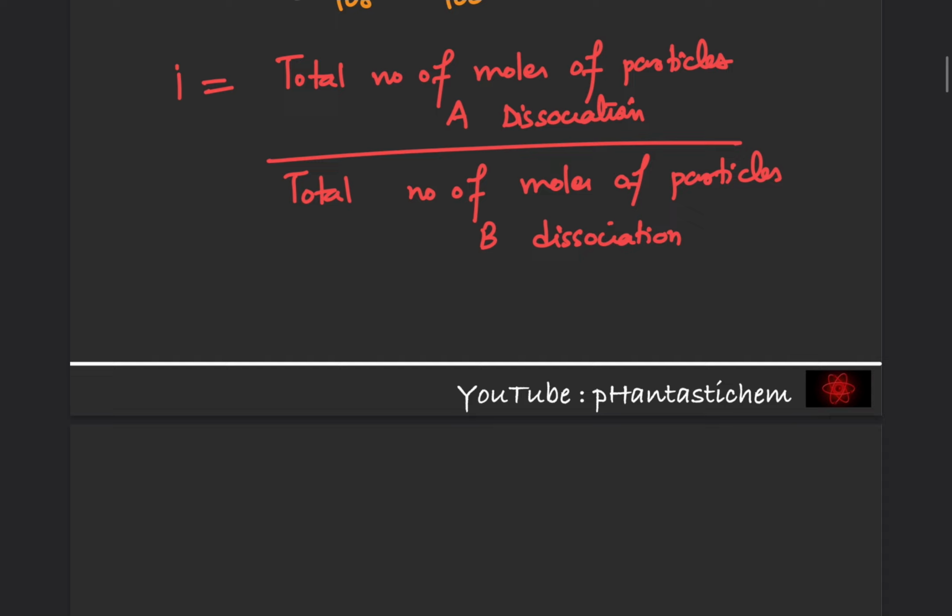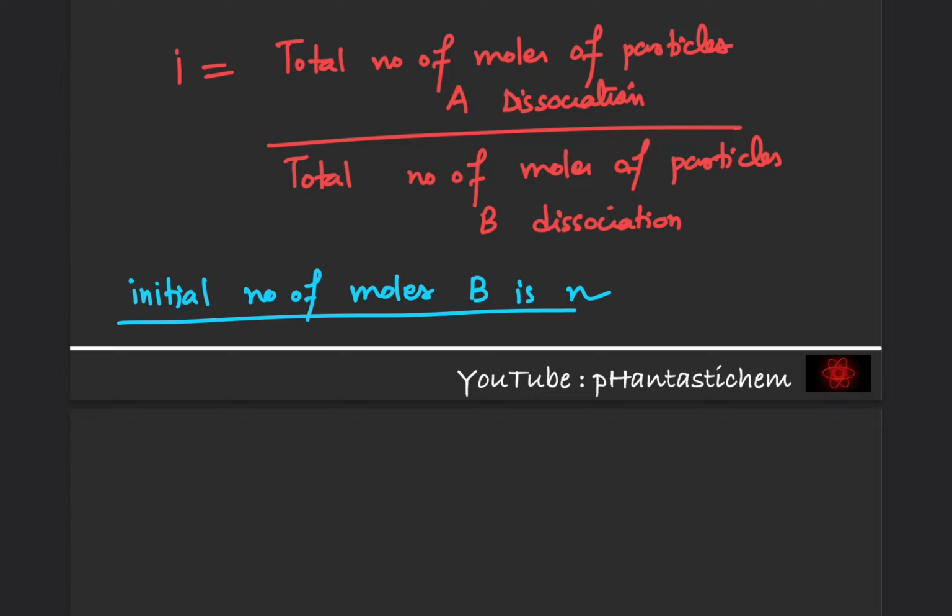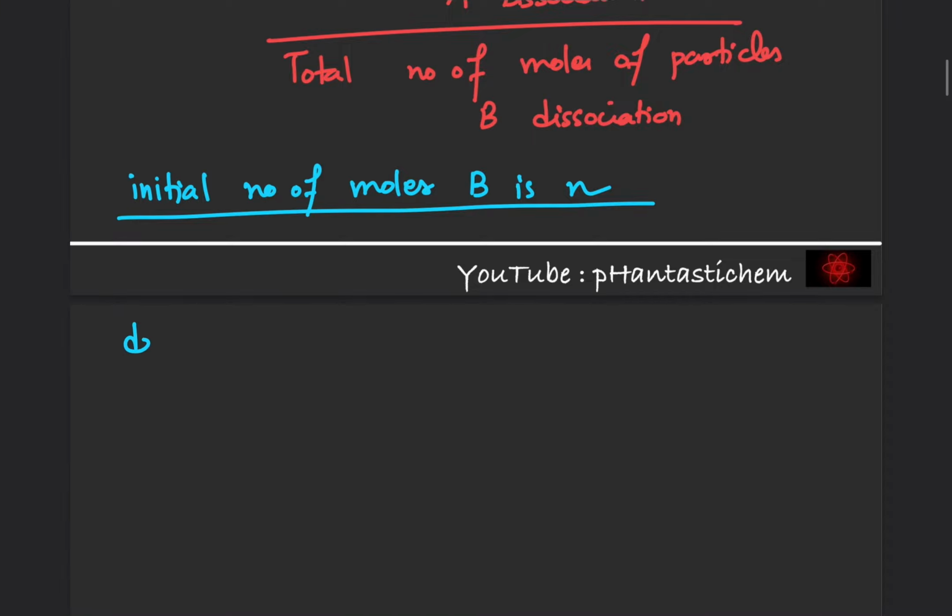Okay. So let's assume the initial number of moles of the solute B is n, and its degree of dissociation is alpha.